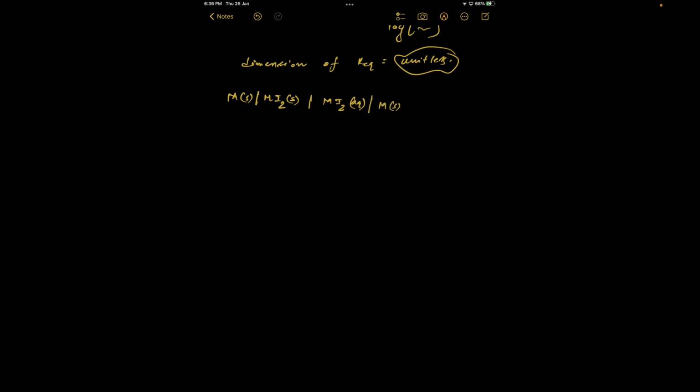So this is the electrochemical cell where M is a metal. Now at 298 Kelvin, the standard reduction potentials are given, which is E0 of M2 plus aqueous to M solid is equal to minus 0.12 volt.